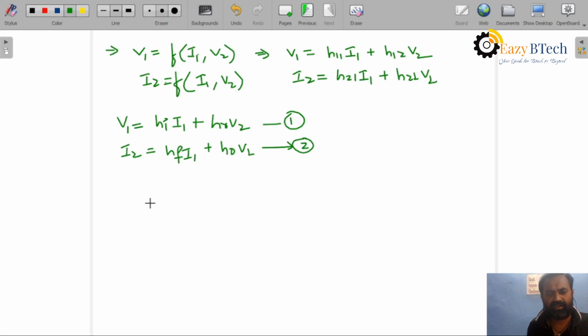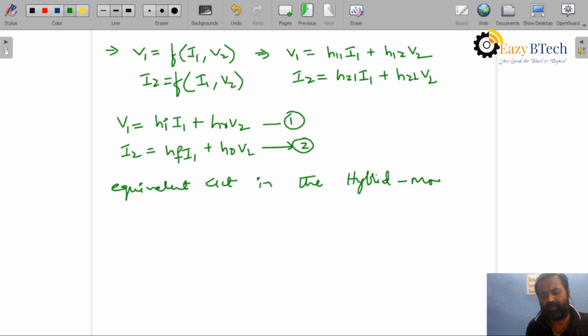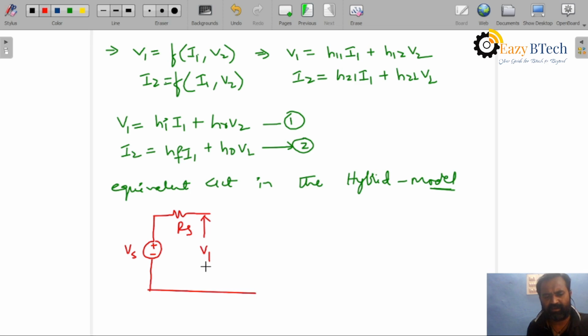From this, we will write the equivalent circuit in the hybrid model. That is Vs, source resistance Rs, and the input voltage, which we call V1.